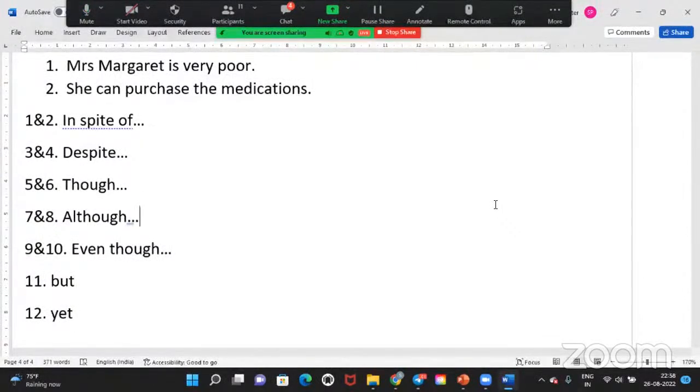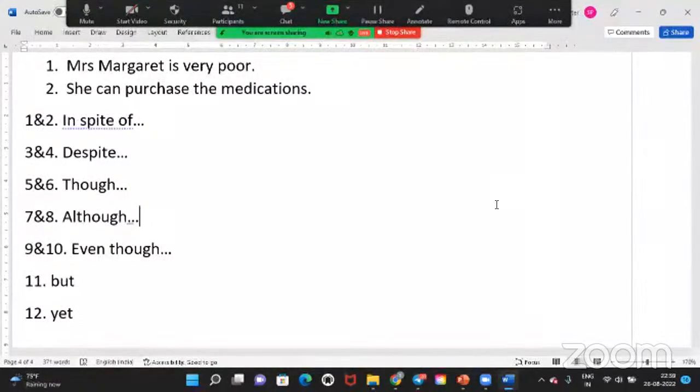In spite of her poverty, Mrs. Margaret can purchase the medications. Mrs. Margaret can purchase the medications in spite of her poverty. Despite her poverty, Mrs. Margaret can purchase the medications. Mrs. Margaret can purchase the medications despite her poverty.